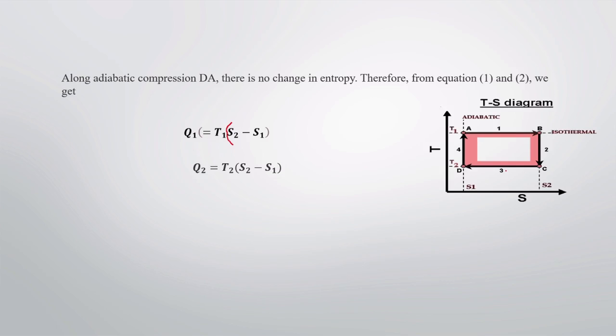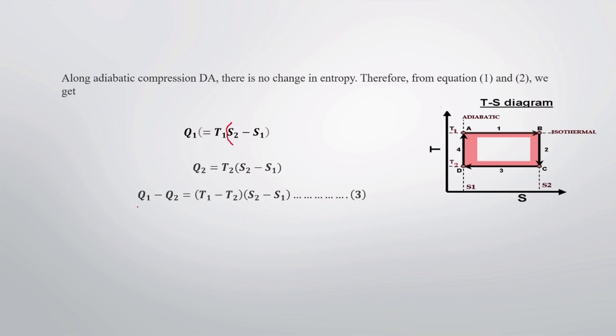And during this isothermal compression, we have Q2 upon T2 is equal to S2 minus S1, which we wrote as Q2 is equal to T2 into (S2 minus S1). Now we can subtract these two, so Q1 minus Q2 is equal to (T1 minus T2) into (S2 minus S1).